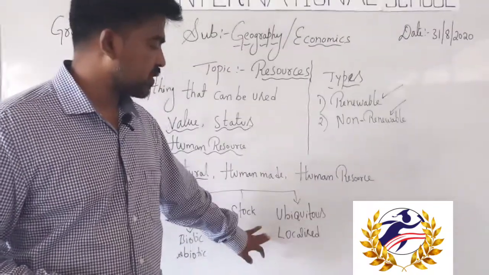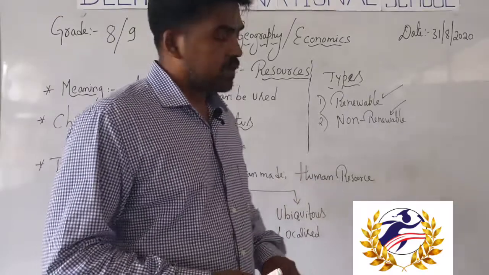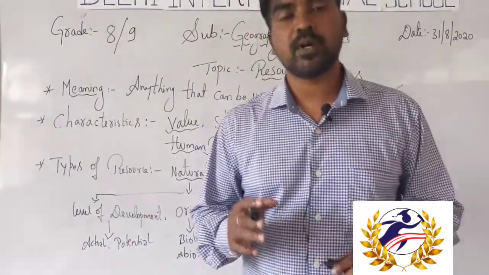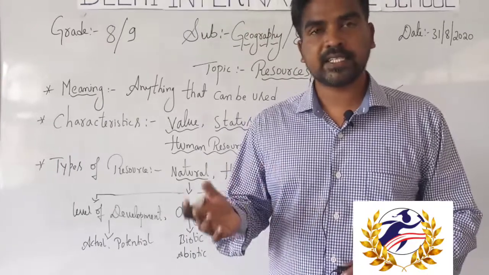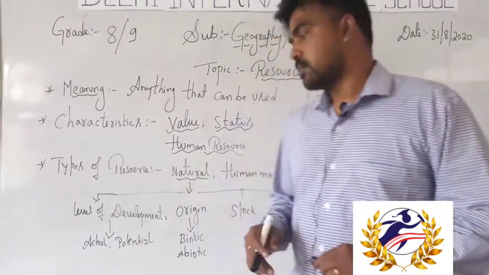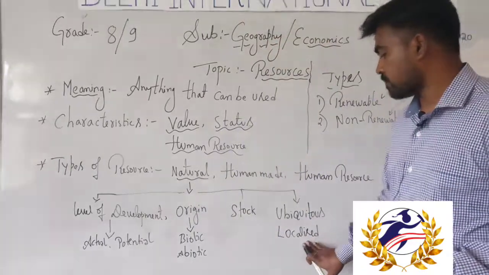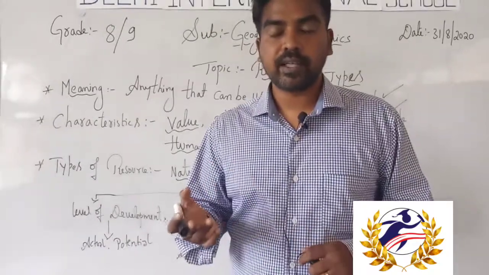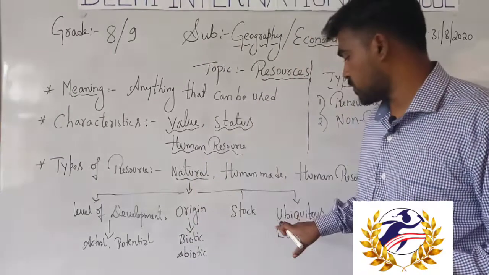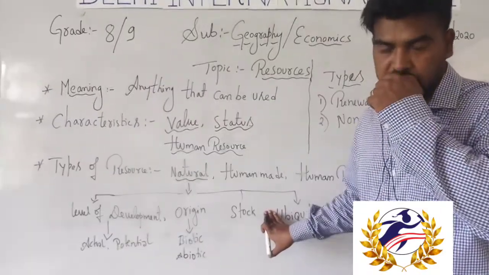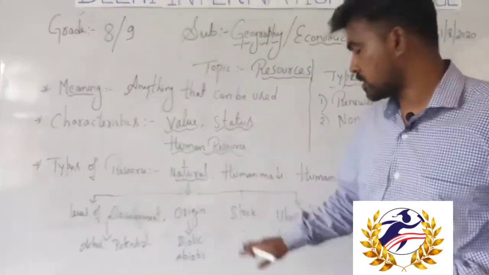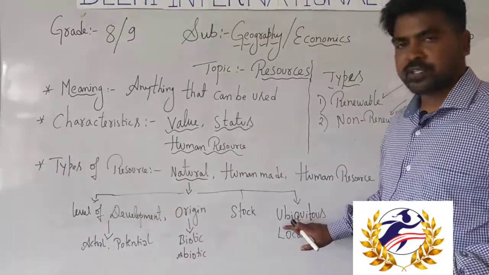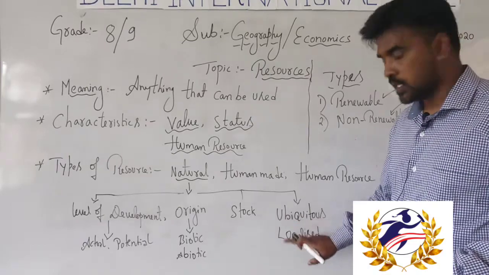Ubiquitous means every natural resource is not possible to access everywhere. And localized means resources occur everywhere. So on the basis of availability of resources, the resources are categorized into ubiquitous and localized.